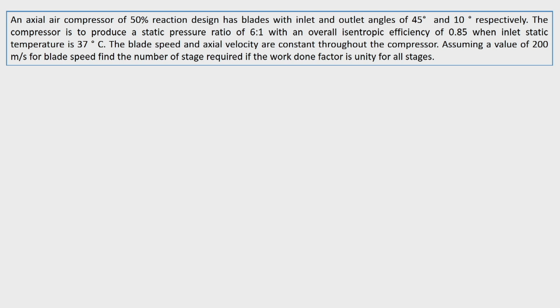So it is given in the example that we are having lambda, which is degree of reaction, as 0.5. We are told the inlet and outlet blade angles, so beta 1 is 45 degrees and beta 2 is 10 degrees. We are told that the overall pressure ratio Rp or Rc is 6:1 and isentropic efficiency is 0.85.